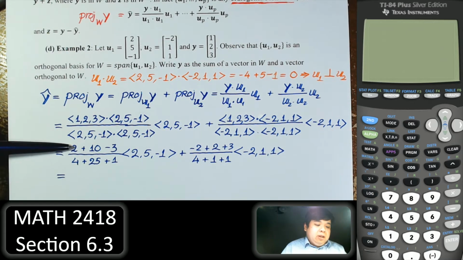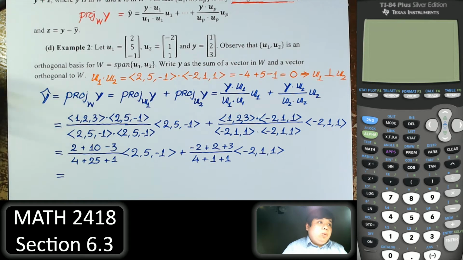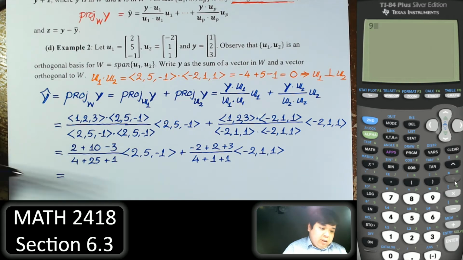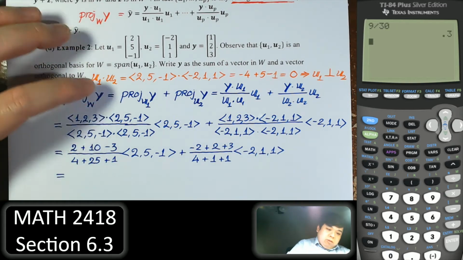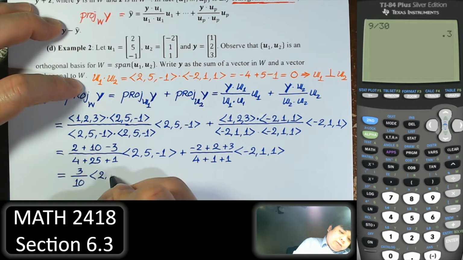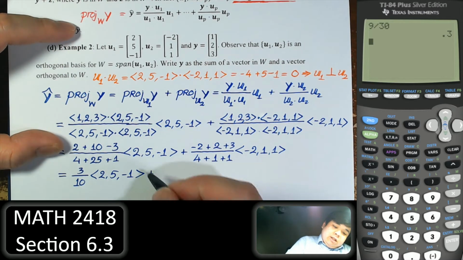So that gives us 12 minus 3, so that is 9 over 30, so 3 over 10. And the other is 3 over 6, that's 1/2.